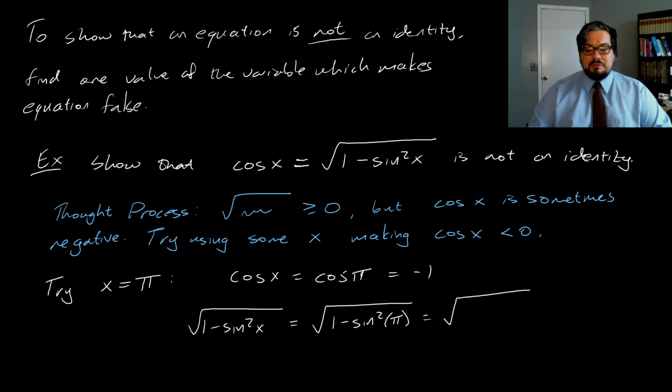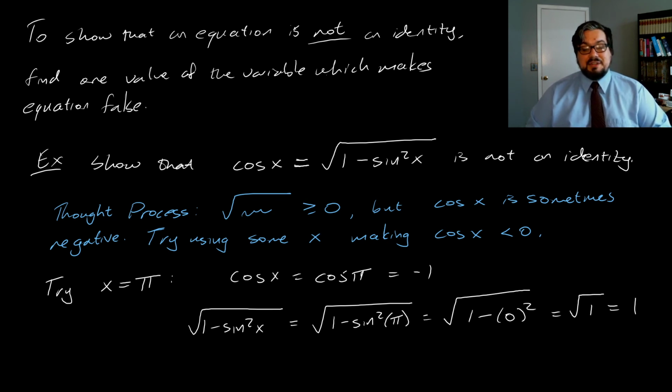Now, sine of pi is 0, so we get the square root of 1, which is 1. So in particular, this shows us that the two expressions are not equal. And therefore, this equation is not an identity. It's only true some of the time, not all of the time.